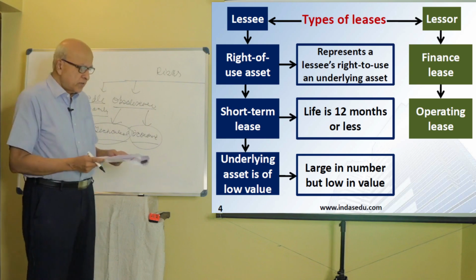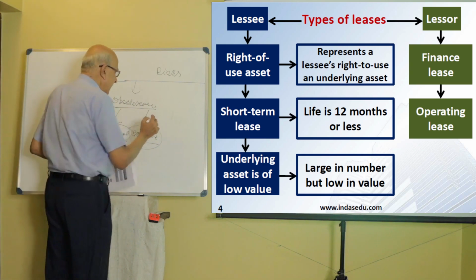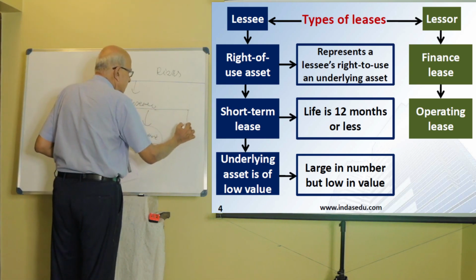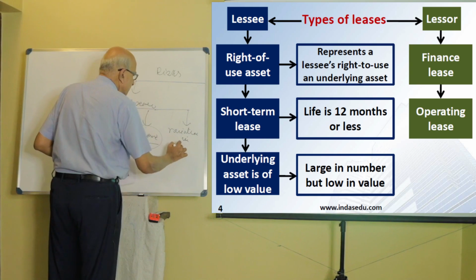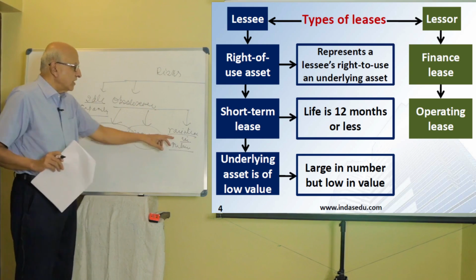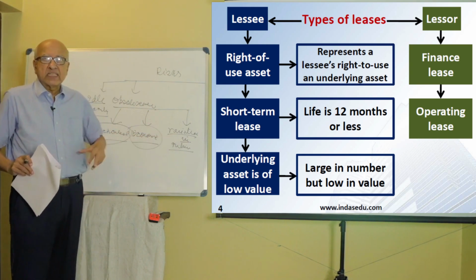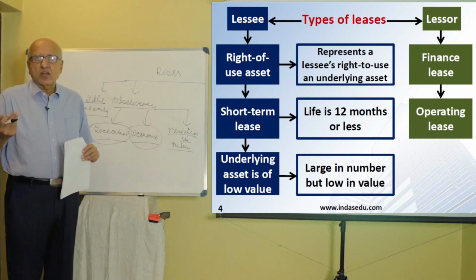Third thing is what? Variation in return. I don't get that much of return what I expected because there is some change in economic scenario, economic conditions.